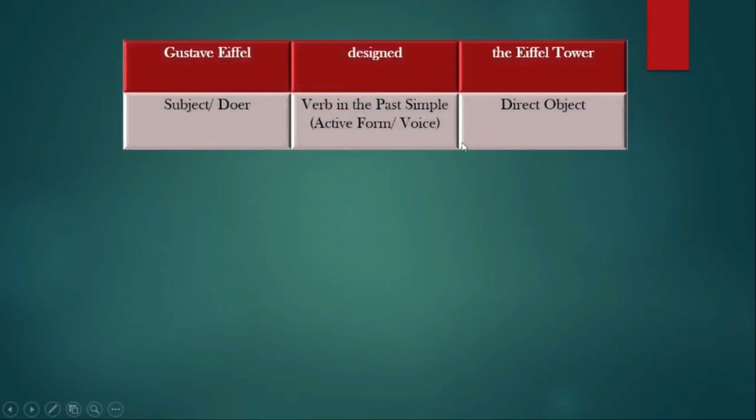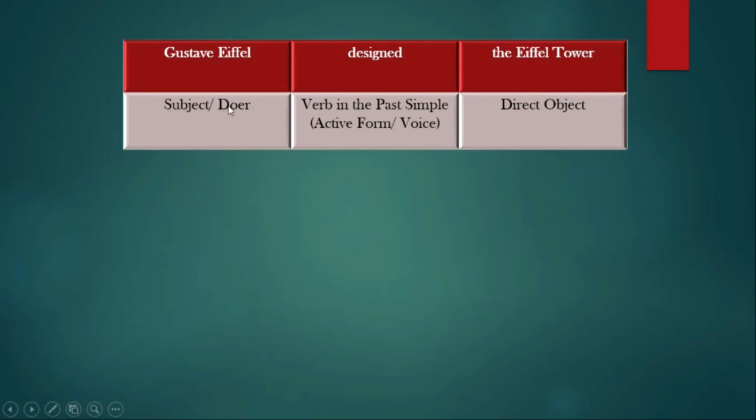Okay, we shall start explaining the terms active and passive form. Now, as you see here on the screen, you have this mouse pointer, it's moving, just follow it, right? So we have this table. In column 1, Gustave Eiffel, and beneath it, subject, doer.